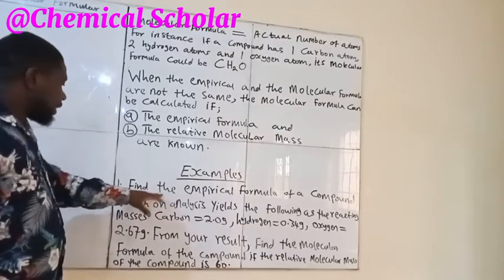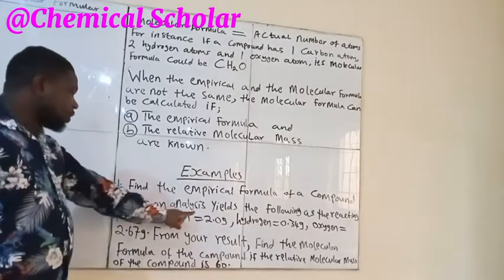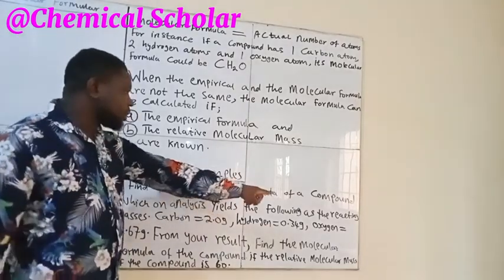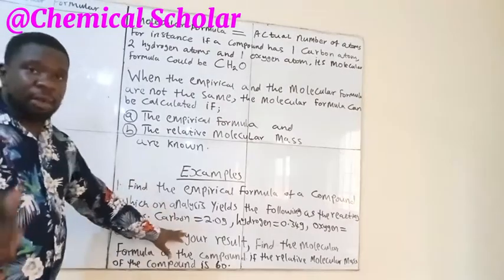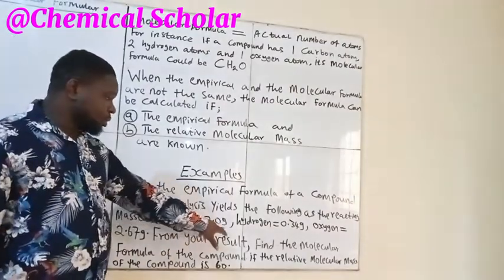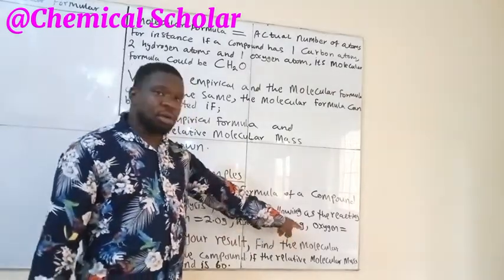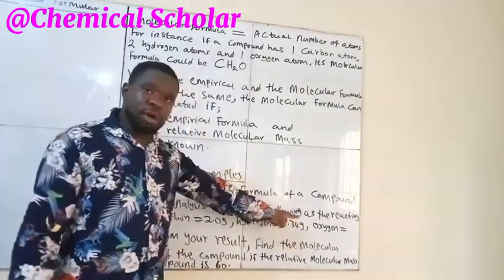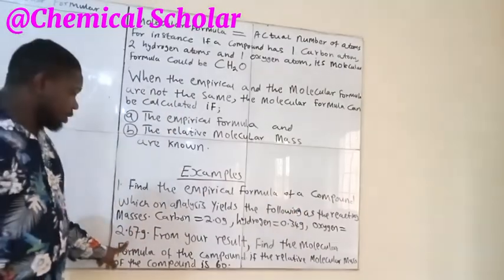Find the empirical formula of the compound which on analysis yields the following as the reacting masses. Here we have carbon 2 grams, hydrogen 0.34 grams, and oxygen 2.67 grams.